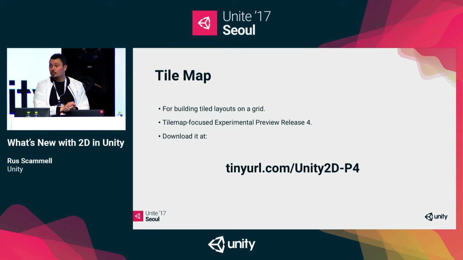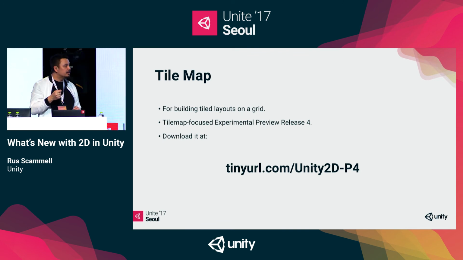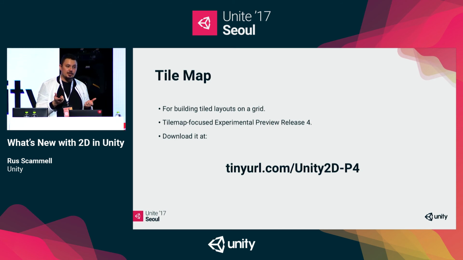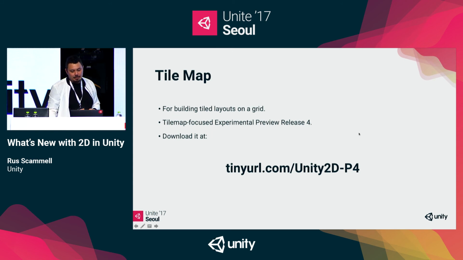So those of you who are playing with or creating 2D games and you want to try out the new tile map release, download it at this link, right? It comes with a demo game that we built especially for it. That also uses the custom brushes feature of tile map. So rather than me talking about it, maybe we could take a look at the tile map in action.